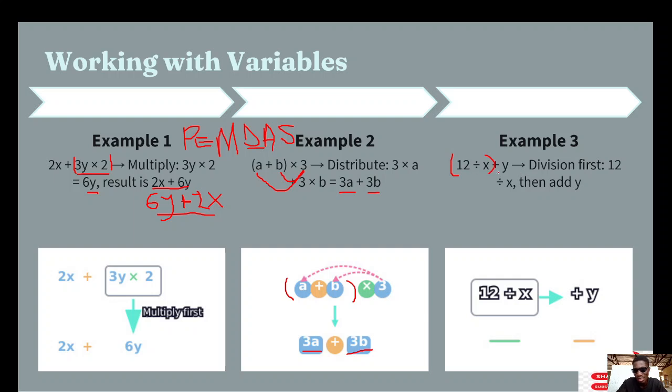So 12 divided by x stays as 12 divided by x, because x is a variable and 12 is a known number. Since you cannot do that division, you just then add the y. So 12 divided by x, then you add the y to it. It still gives you the same answer: 12 divided by x plus y.